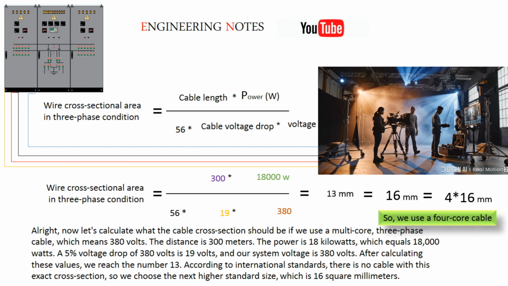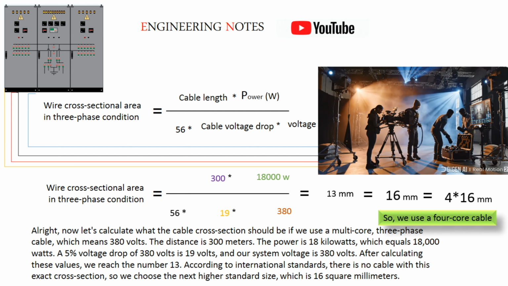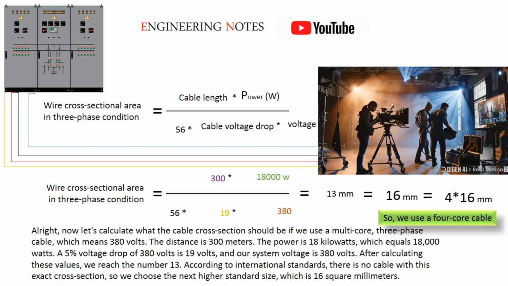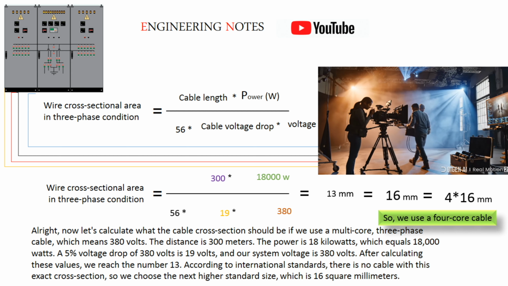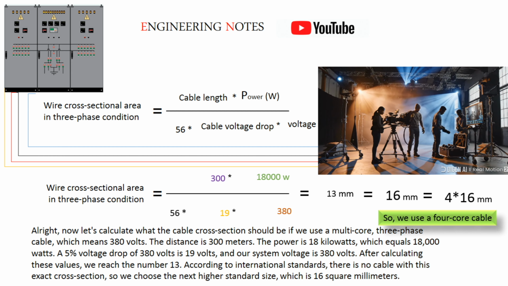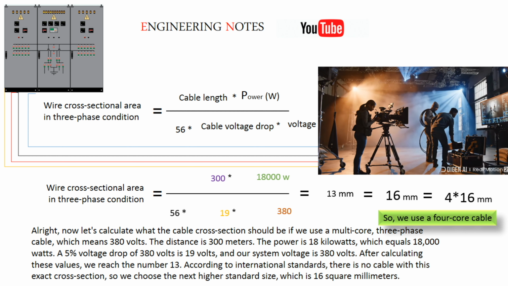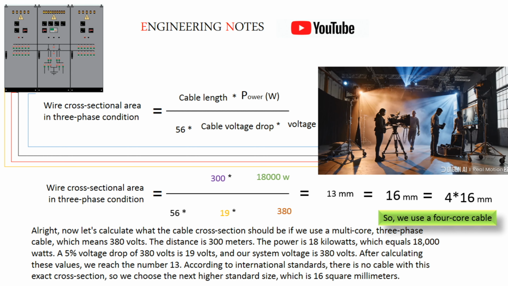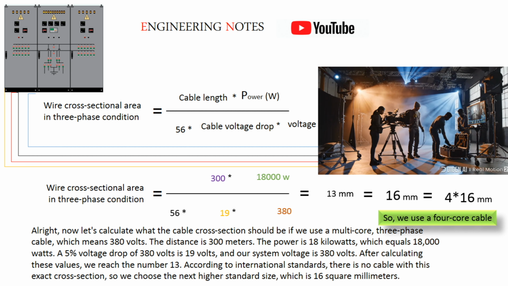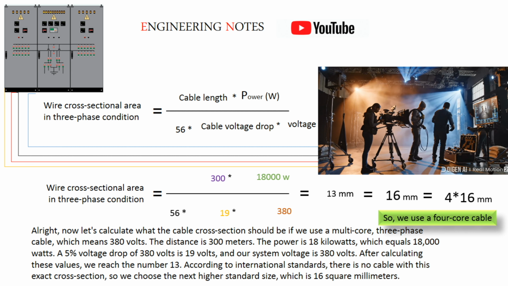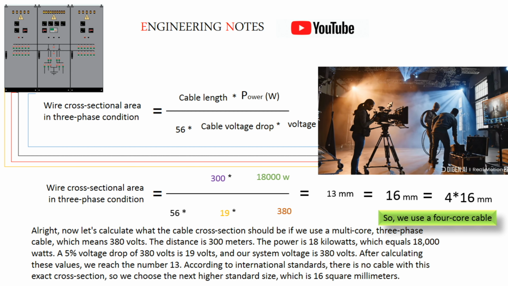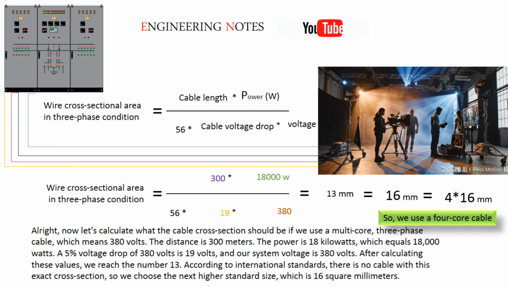And our system voltage is 380 volts. After calculating these values, we reach the number 13. According to international standards, there is no cable with this exact cross-section. So we choose the next higher standard size, which is 16 square millimeters.